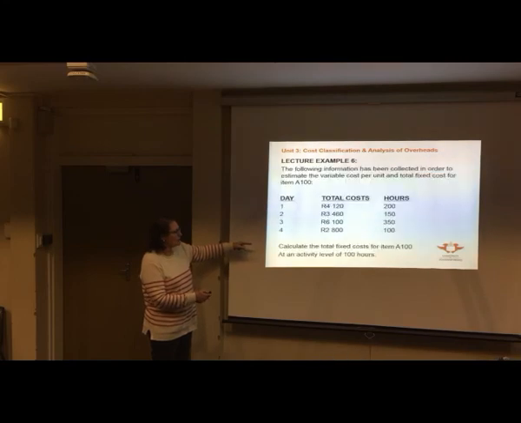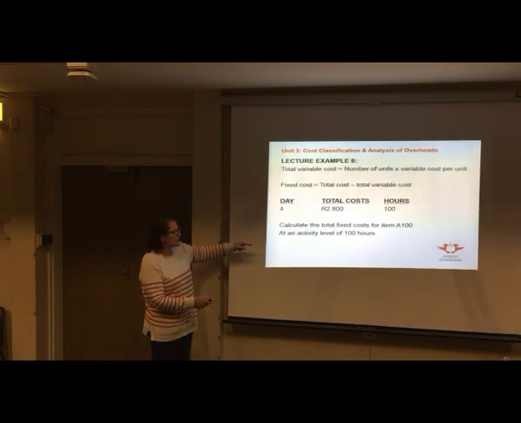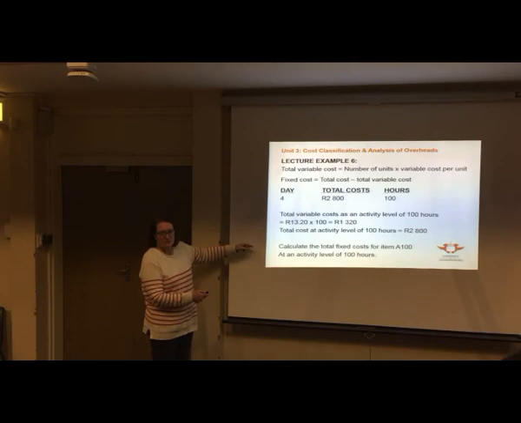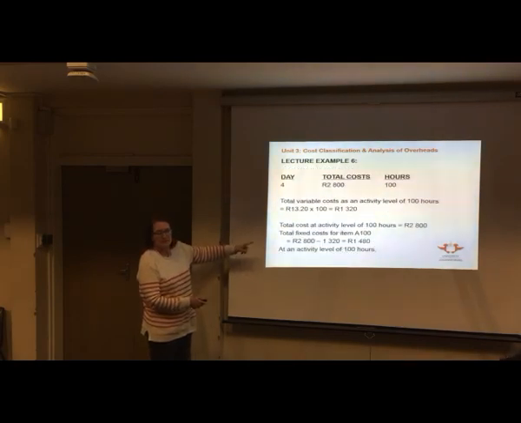So of the 2,800 Rand, the variable cost is 1,320 Rand. Therefore, the fixed cost must be 2,800 minus 1,320, which is 1,480.